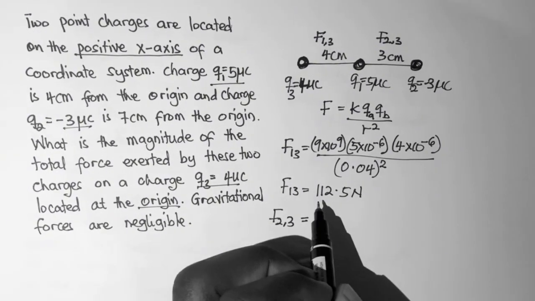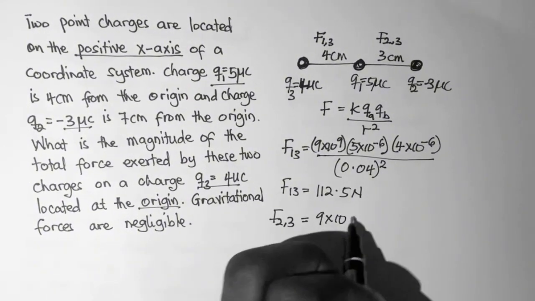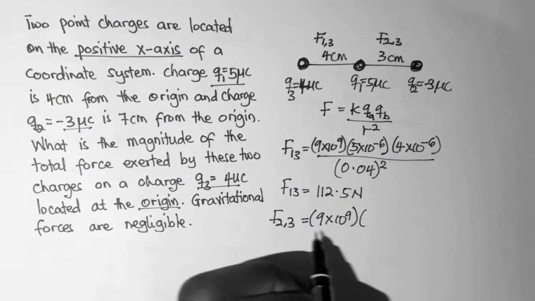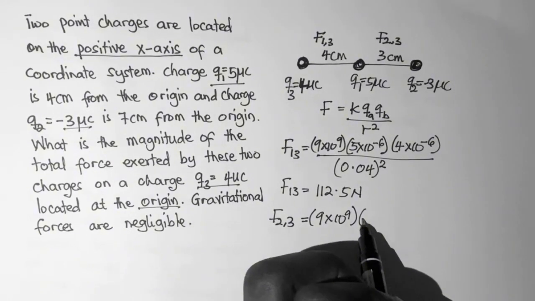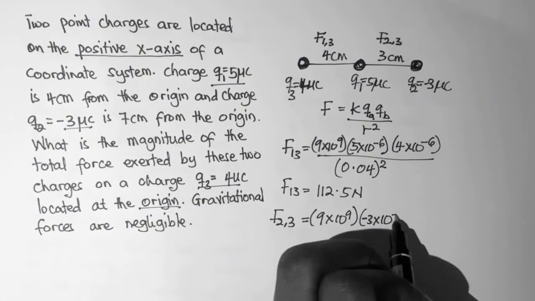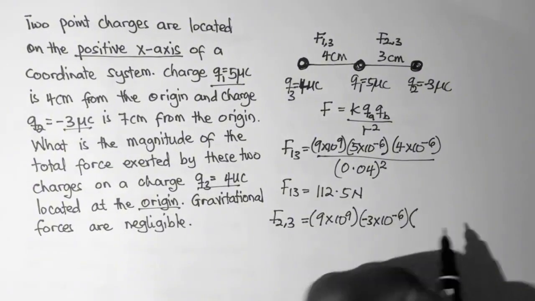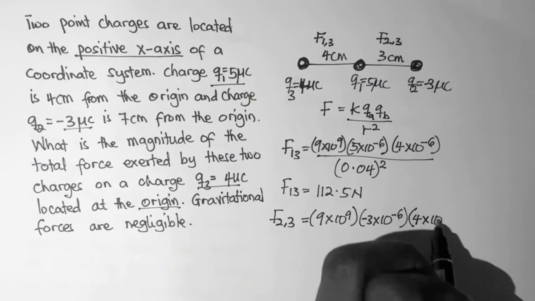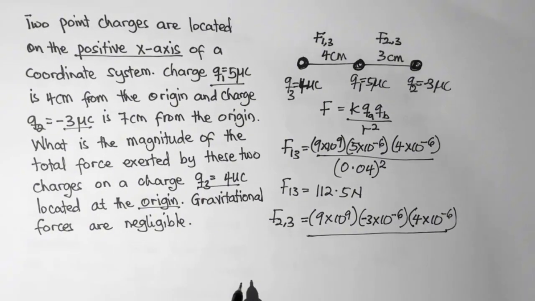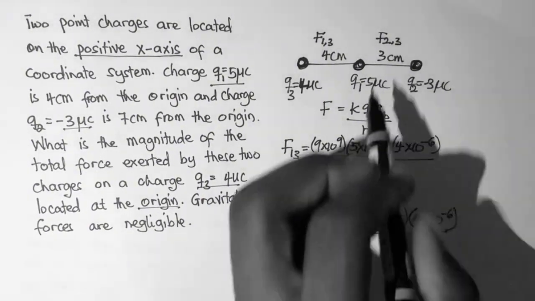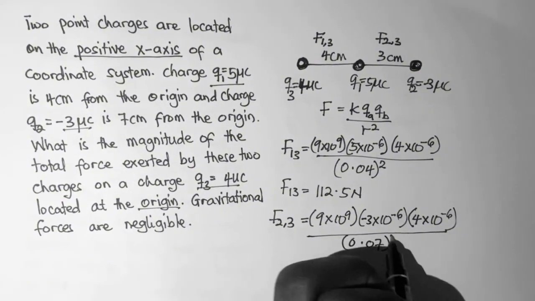Now let's come to this force, which is F23. It's the same thing. So it's going to give us K, which is 9 times 10 exponent 9, then times the second charge Q2, which is minus 3 microcoulombs, so minus 3 times 10 exponent minus 6, and then times the charge at the origin, which is 4 microcoulombs, so 4 times 10 exponent minus 6, divided by the square of the distance between them, which is now 7 centimeters, the same as 0.07 meters squared.